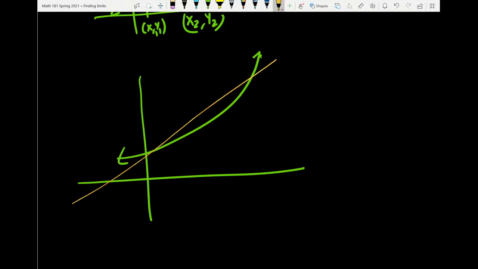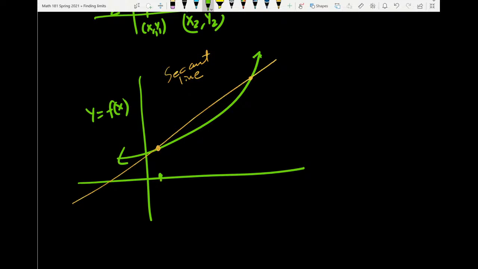Okay, so this technically is the secant line. Now you have these 2 points for the function y equals f of x. Now you can find the slope of the secant line, right?